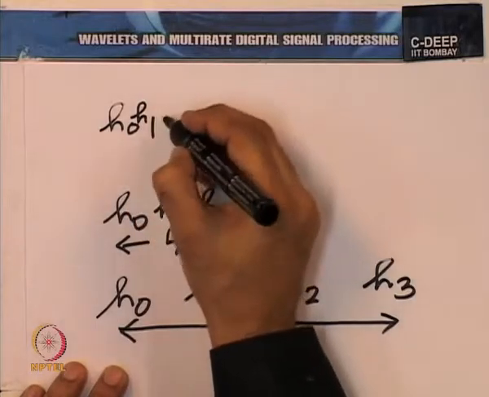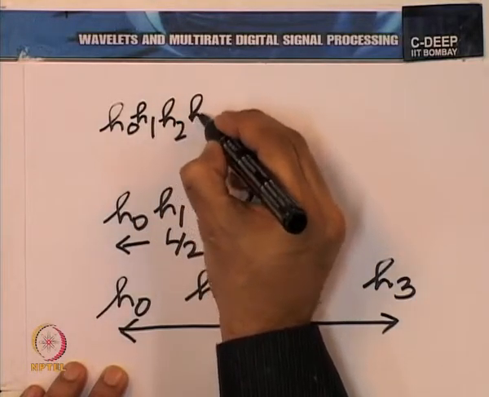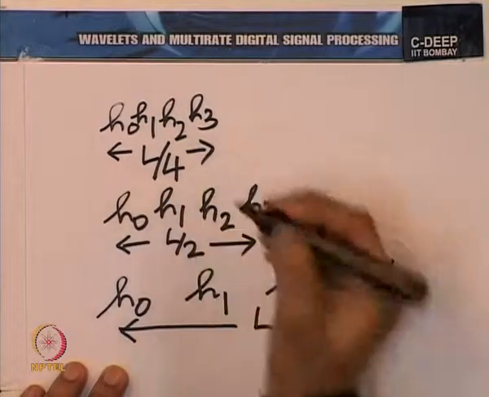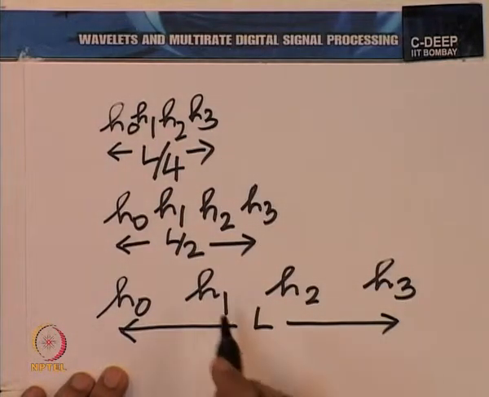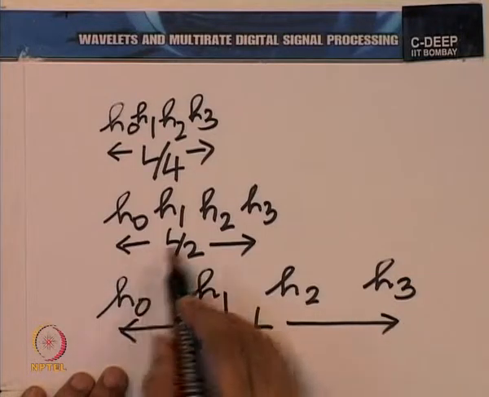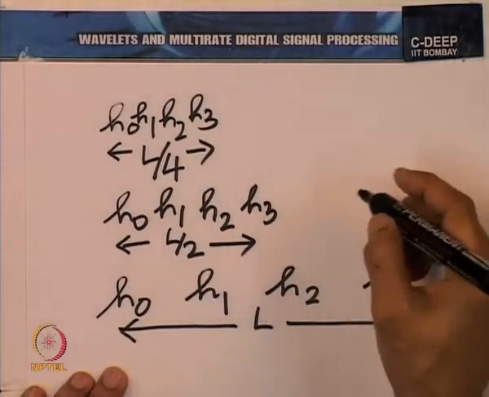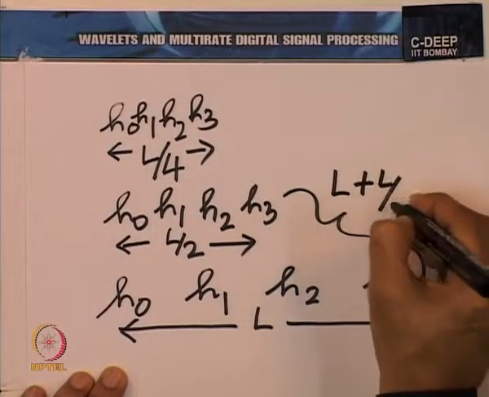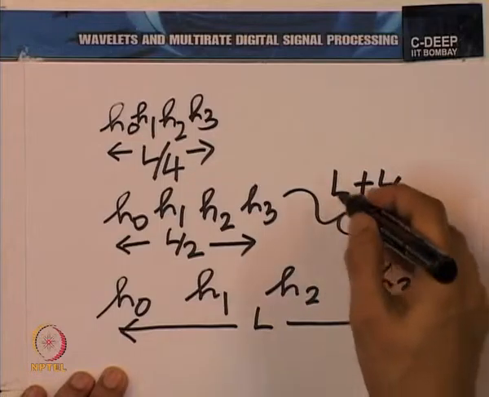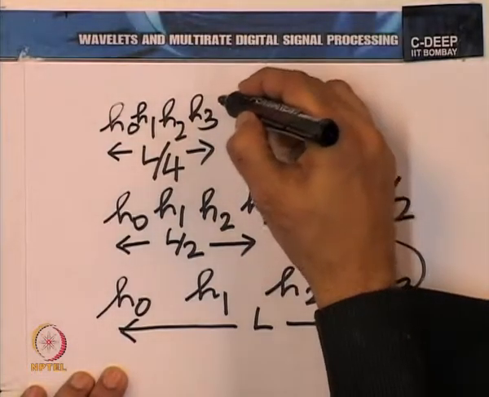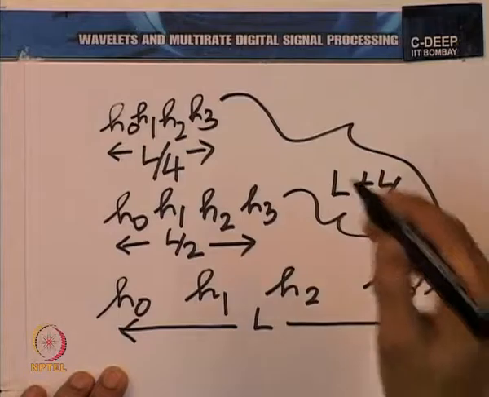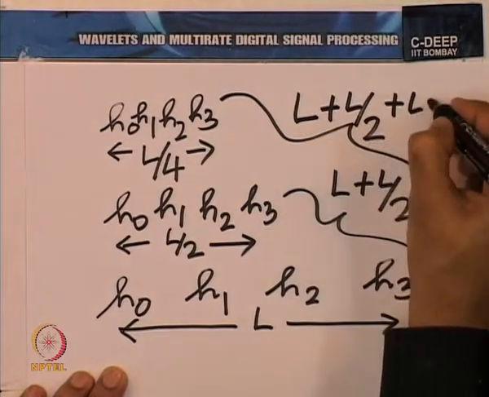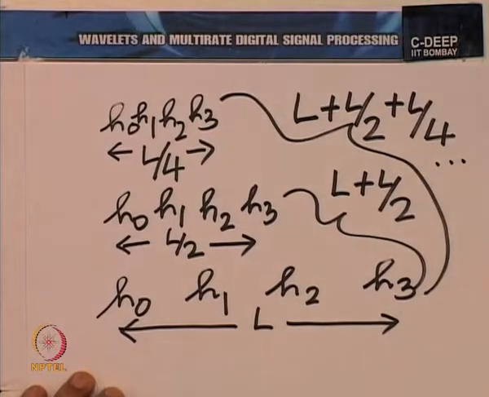So, I will draw them squeezed together like this, and this length is L by 4. And when you convolve this length L with length L by 2, you get at this stage length L plus L by 2. And when you convolve this with this, you would get L plus L by 2 plus L by 4, and so on and so forth.